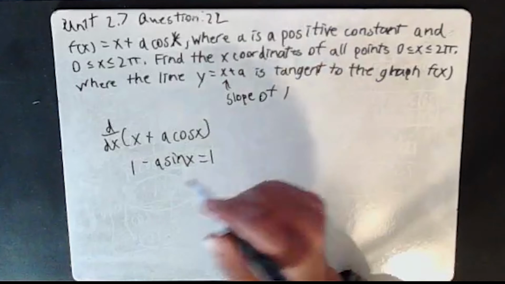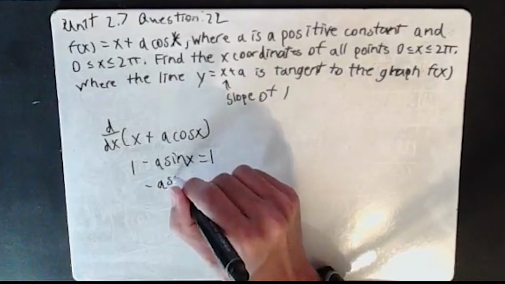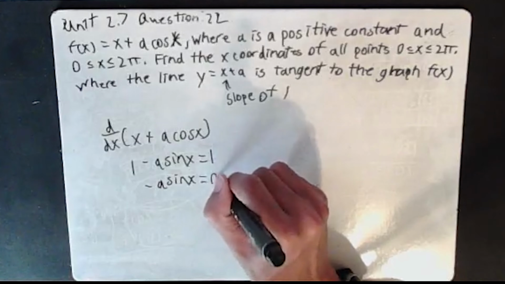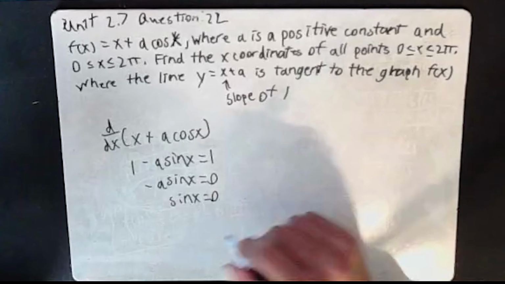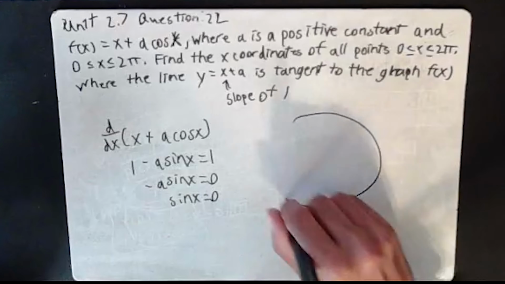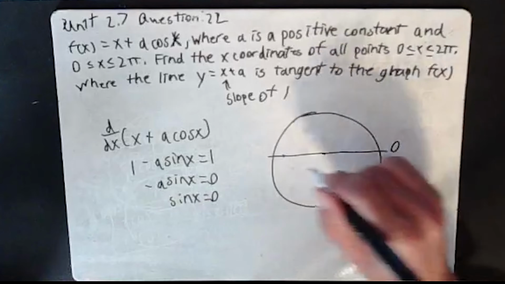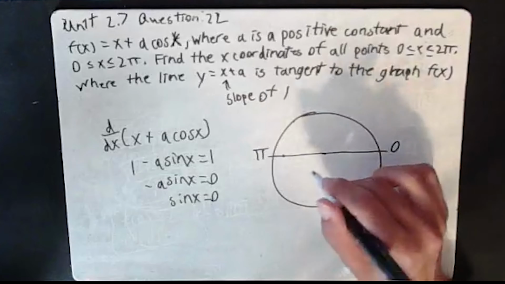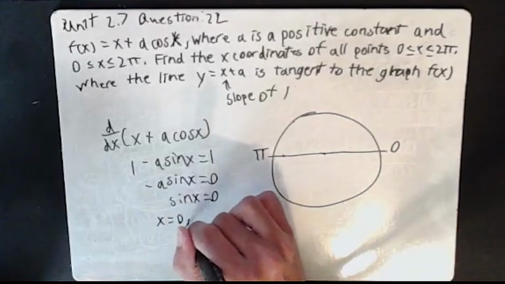I'm going to subtract 1 from both sides, so I get negative a sine x equals 0. We get sine of x equals 0. So now solving for x on the unit circle, there are 2 places where sine of x equals 0, and that is at 0 and pi. This is where our y value is 0, so sine x equals 0. So we get x equals 0, we get x equals pi.